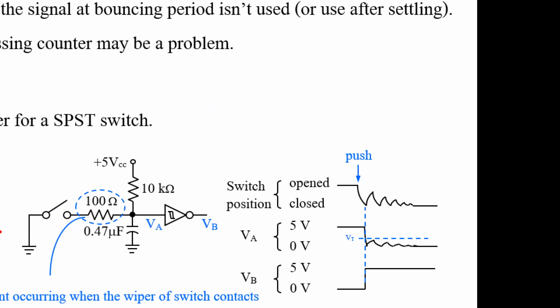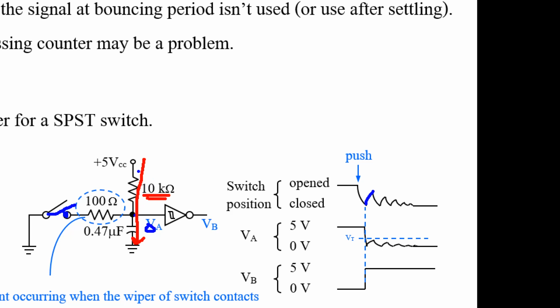But when bouncing occurs and this contact separates from this point, what happens? This point will change from 0 to 5. That means the current will flow through this.